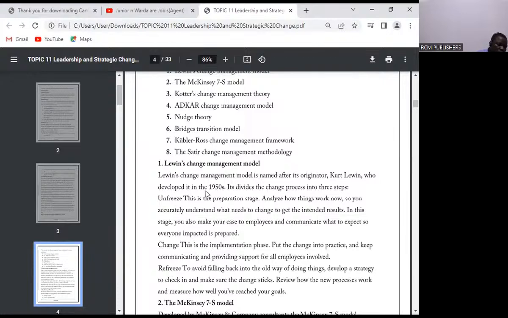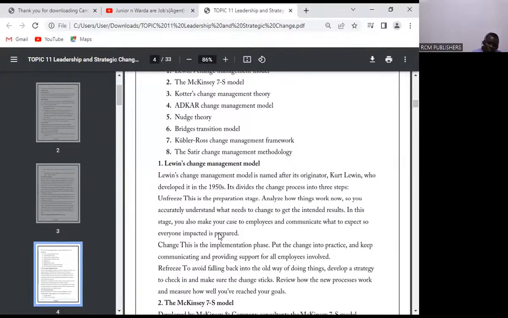This is the preparation stage. Analyze how things work now, so you accurately understand what needs to change to get the intended results. In this stage, you also make your case to employees and communicate what to expect, so everyone impacted is prepared. So anyone who is affected understands why changes need to be introduced.